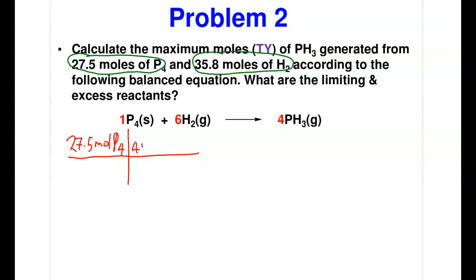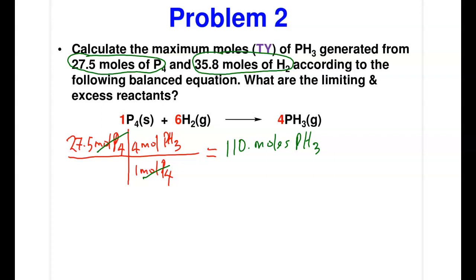So it's going to be 4 moles of PH3 over 1 mole of P4. When you do your multiplication, you cancel, and you're going to get 110 moles of PH3.